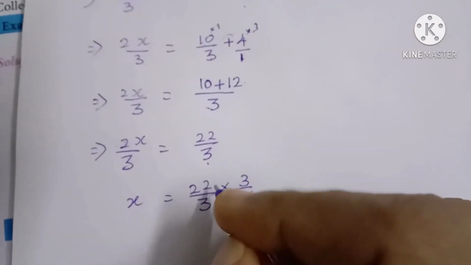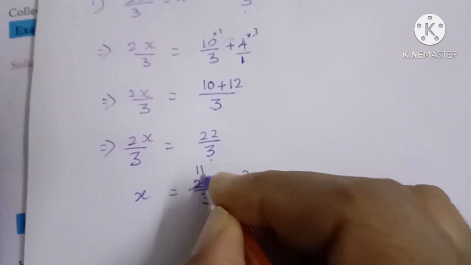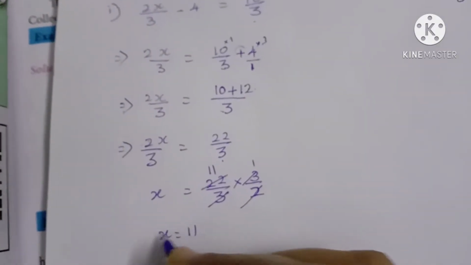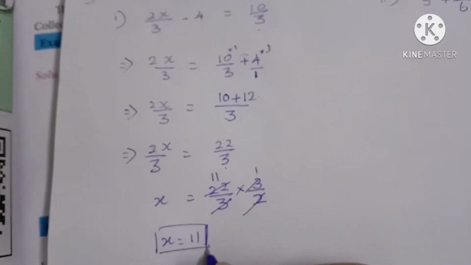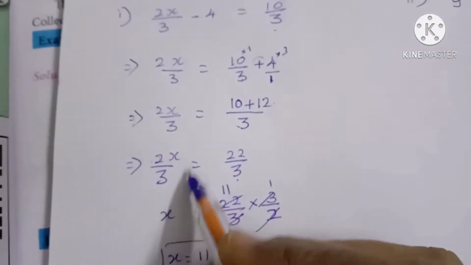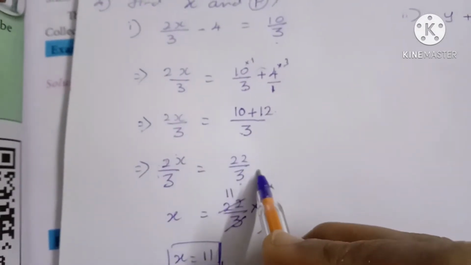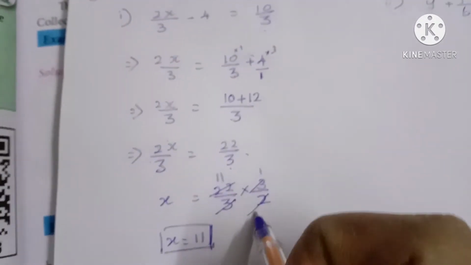Therefore, 2 table 11 times, then 3 table 1 time. Therefore, x is equal to 11. If your question is in the multiplication, when you take from left hand side to your right hand side, you have to take the reciprocal.